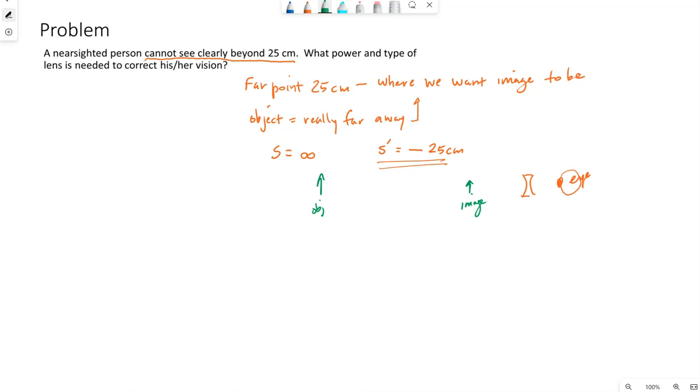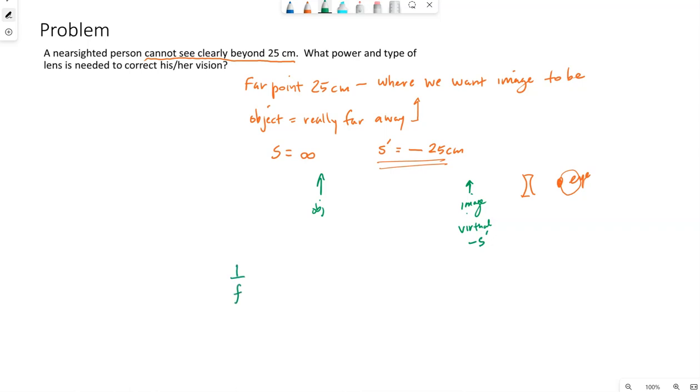And really with eyeglasses or contacts, the images are always on the same side of the lens as the object. If it's on the same side with lenses, that means it's virtual. And mathematically, that means we have a negative S prime value.